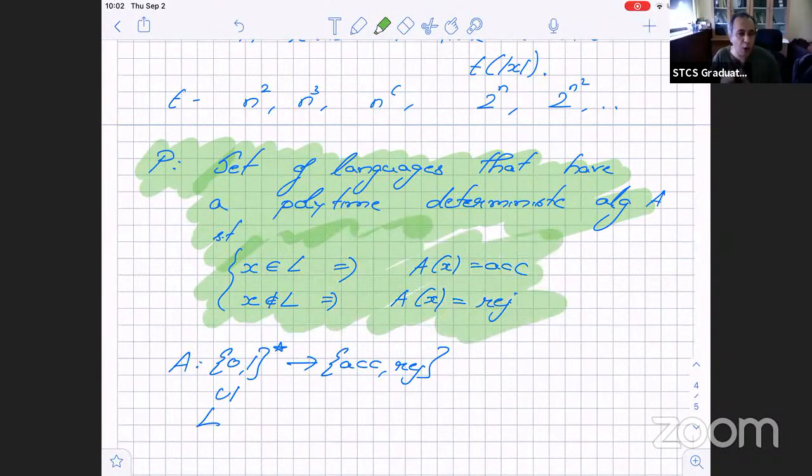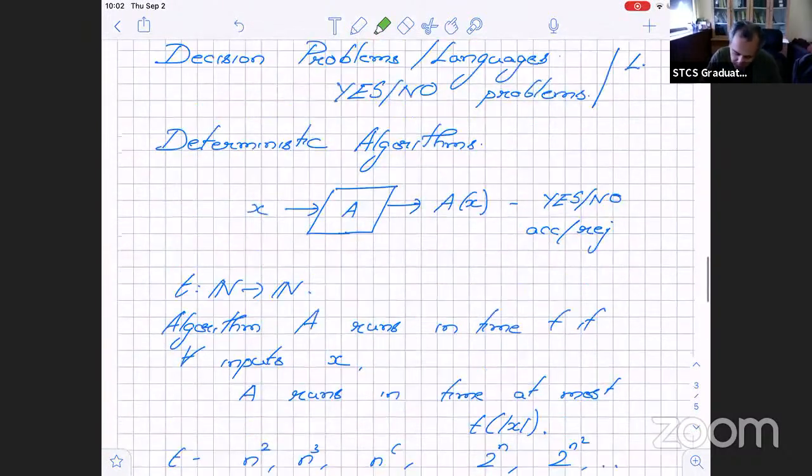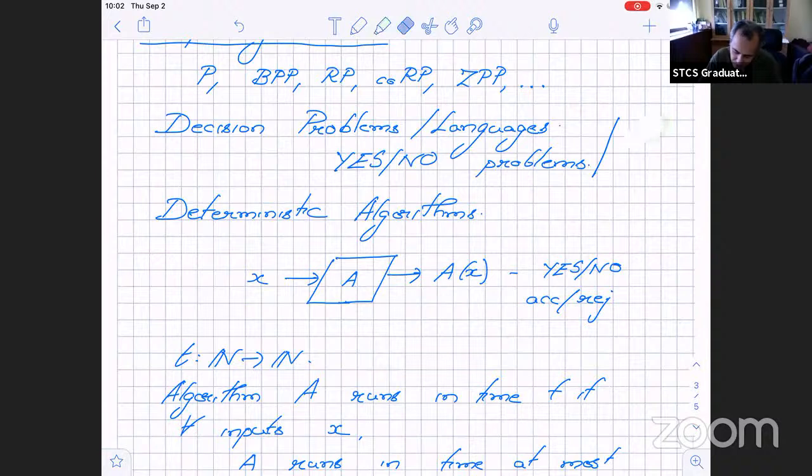The domain for us will always be 0,1 star, or sigma star if the underlying alphabet is sigma. For most cases, we'll assume the underlying alphabet is the Boolean alphabet. So the domain of all these algorithms will be 0,1 star, and a language is just some subset of 0,1 star.